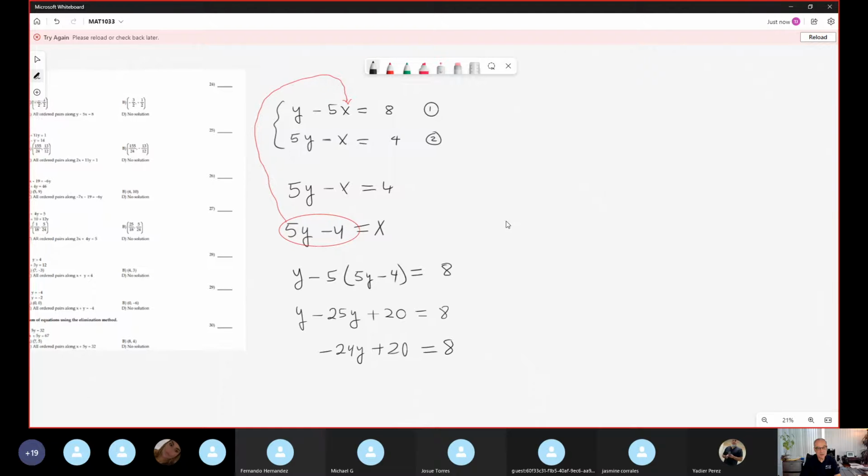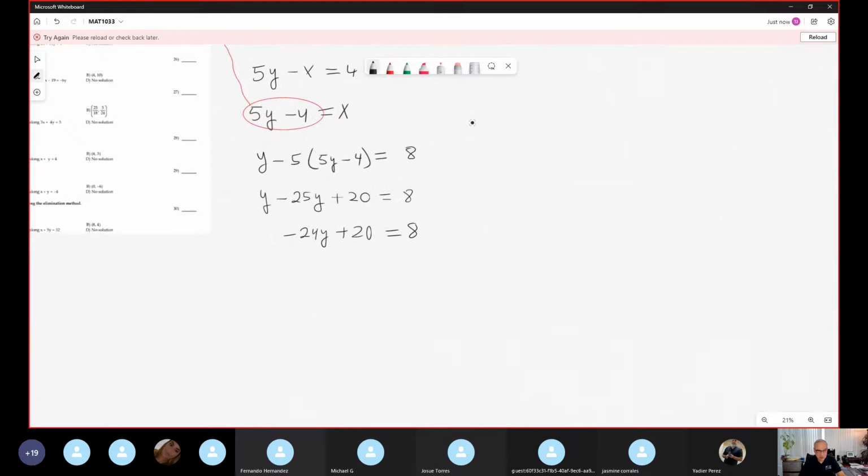So for y, you move: minus 24y is equal to 8 minus 20, which is minus 12, obviously. Subtracting, you put the sign of the bigger number. And finally, divide by minus 24 both sides, and y alone is 1/2. Negative divided by negative is positive, and 12 over 24, you divide by 12 top and bottom, and reduced to lowest terms you get 1/2.